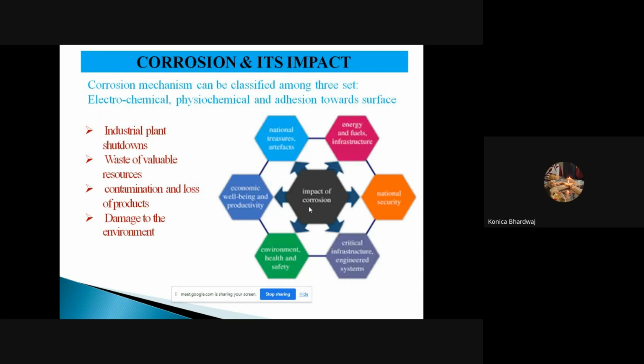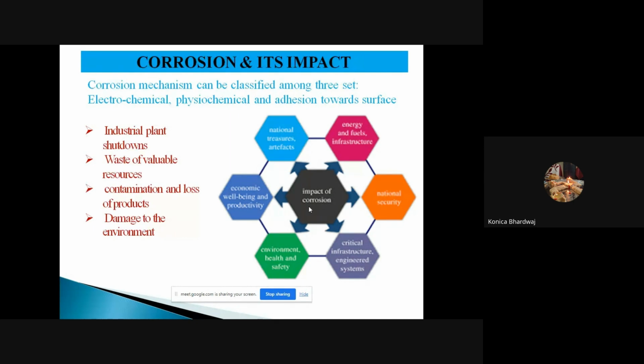Moving towards the first slide, that is corrosion and its impact. We know the corrosion mechanism we can classify in three sets, like electrochemical, physiochemical, and adhesion towards the surface, how the surface and the coating work. These are all the mechanisms we can apply for corrosion resistance.